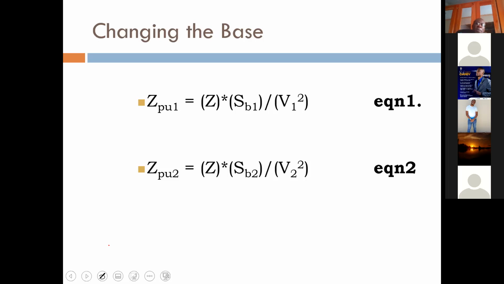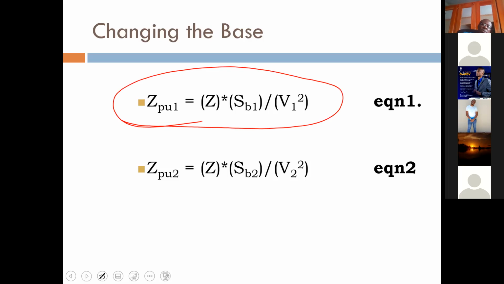Now from equation 1, I write an expression for Z. So it means that I just take this over, all right? And then substitute it into equation 2. So I'm making Z the subject from equation 1, and then I substitute it into equation 2.